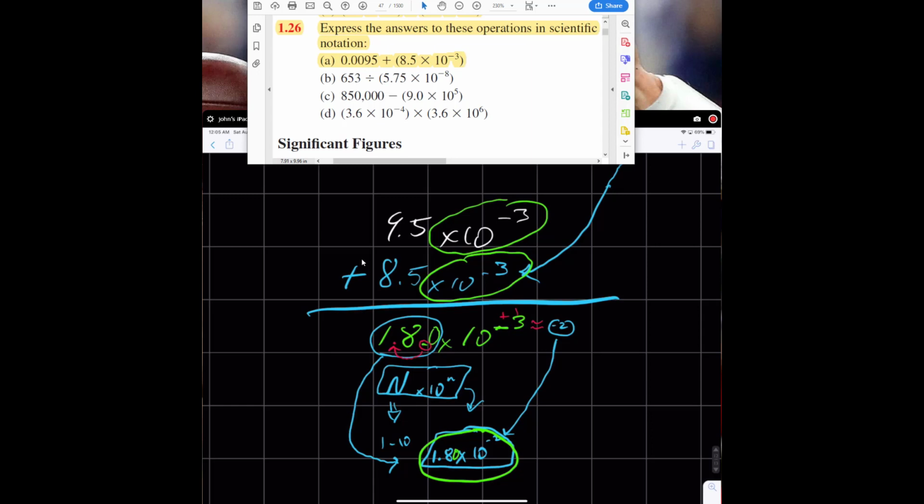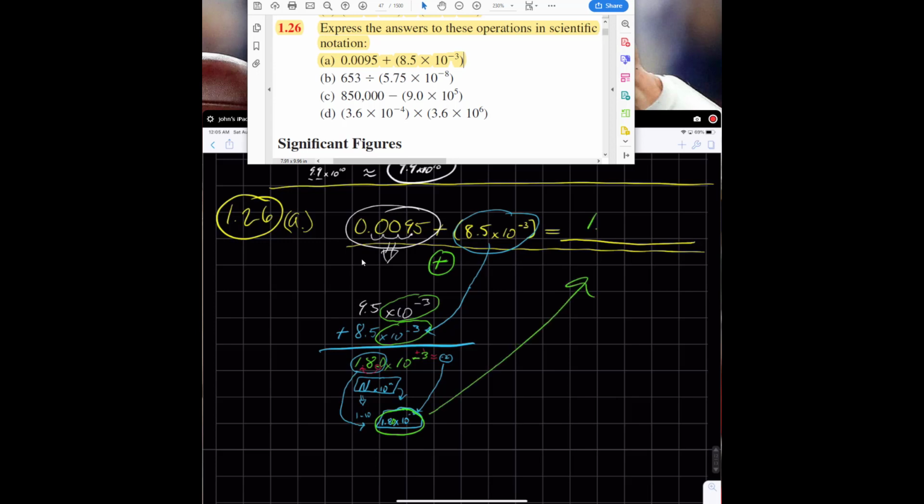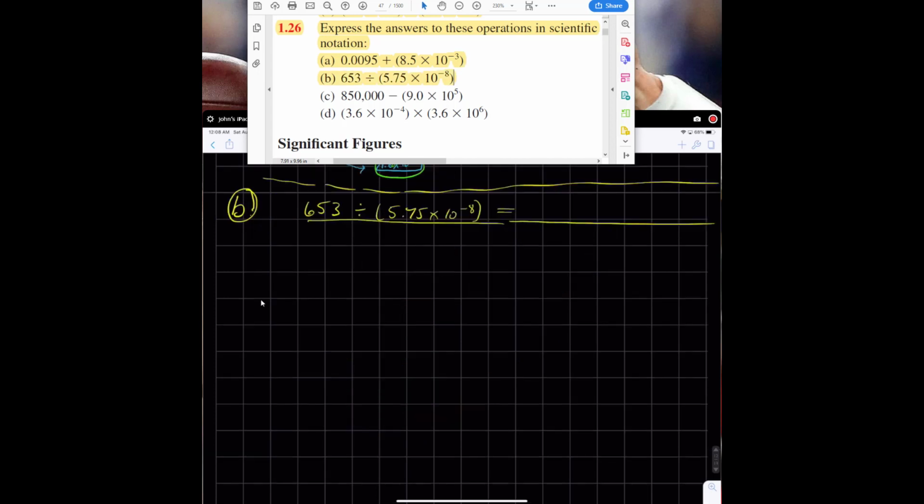Because the 0 is significant. So let me just bring that up. 1.80 times 10 to the negative 2 power. And that, my friends, is how we can approach some of these problems here.